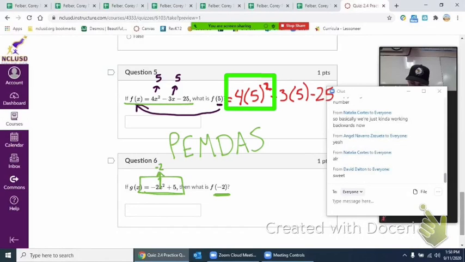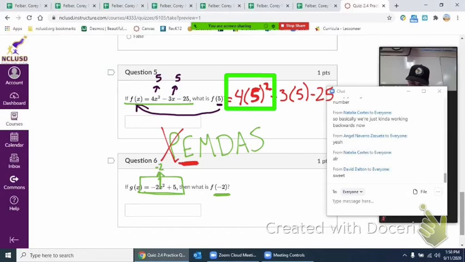Okay, remember, parentheses come first. But that means if there's anything inside the parentheses that you need to simplify. If you look right here, there's a 5 inside the parentheses, but there's nothing you need to simplify. It's just a 5. So we move on from the P, and the next one is the E, exponent.